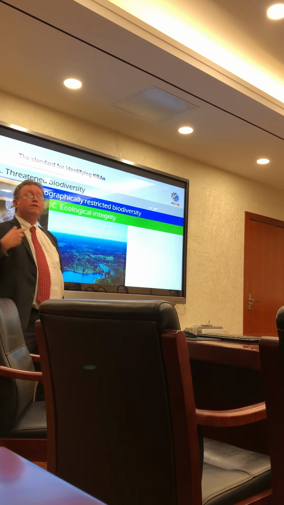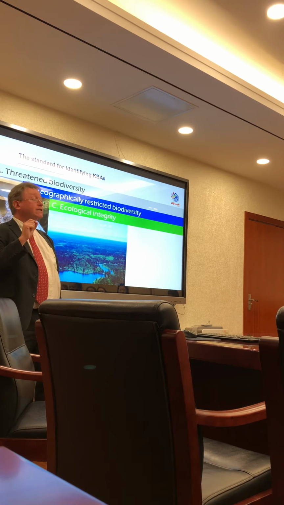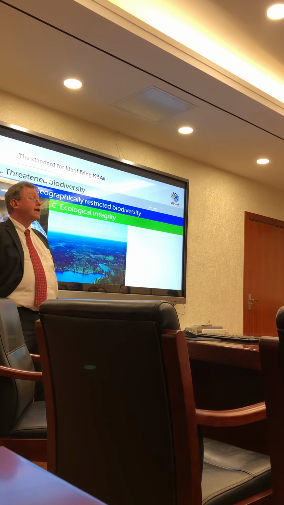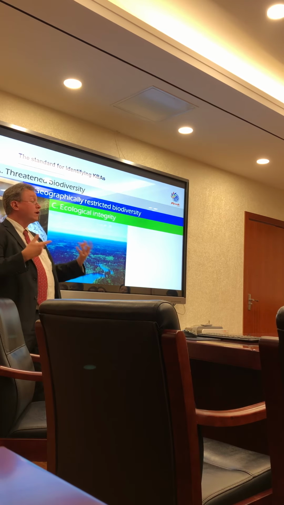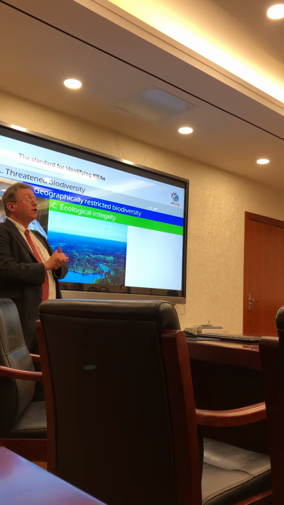It recognizes that the number of places left on our planet that retain intact ecological function and integrity is very small, and so it highlights places that retain natural ecological function.